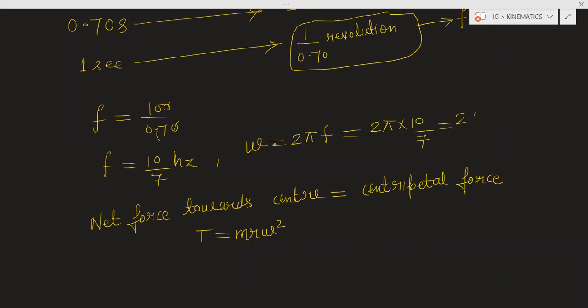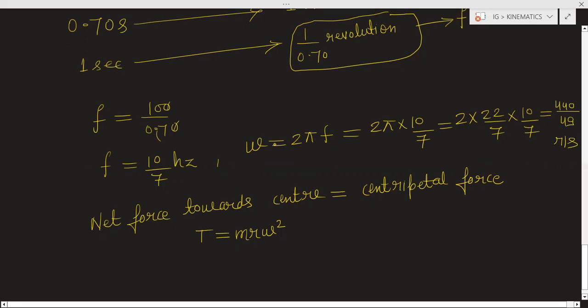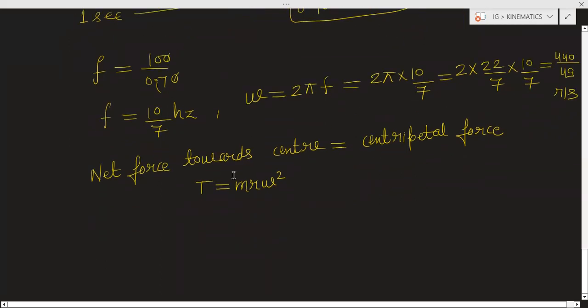Now we can put the value of pi as 22 by 7, and it will be 2 into 22 by 7 into 10 by 7, so basically it will be 440 by 49 radian per second, which is the angular velocity. Now we have angular velocity, radius and mass, so we can find the tension force.